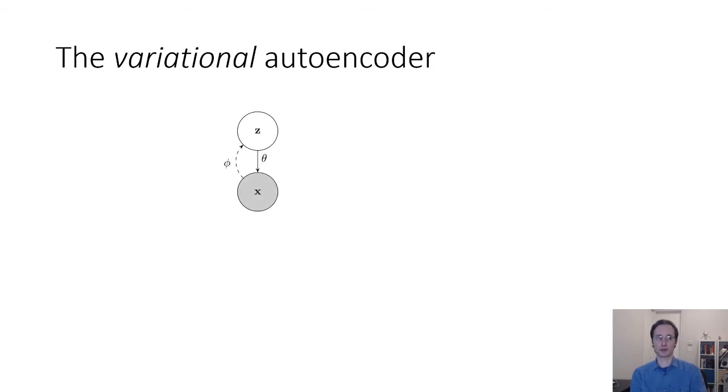So in a Variational Autoencoder, there are observed variables x, and there are latent variables z. And q phi of z given x is given by a Gaussian distribution with a mean mu phi of x and variance sigma phi of x. And then the decoder, or the generative model, p theta of x given z, is also a Gaussian with mean mu theta of z and variance sigma theta of z.